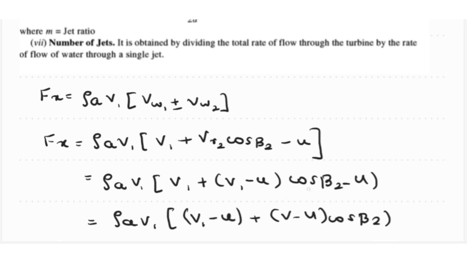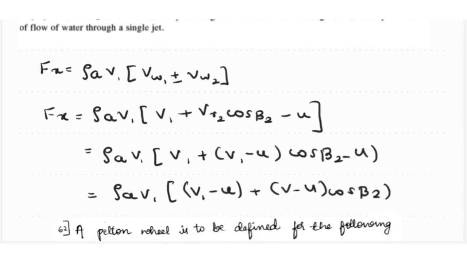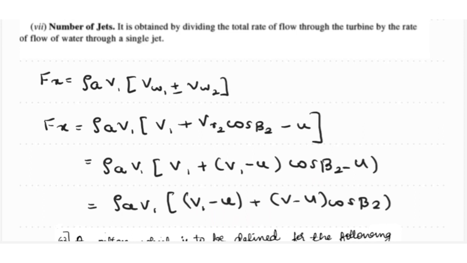Taking the common term outside, we get rho into a into V1 into (V1 minus u) plus (V1 minus u) cos beta 2. Here V1 minus u we can take outside, so that will be rho into a into V1 into (V1 minus u) into (1 plus cos beta 2).